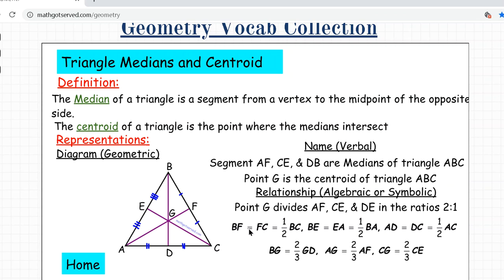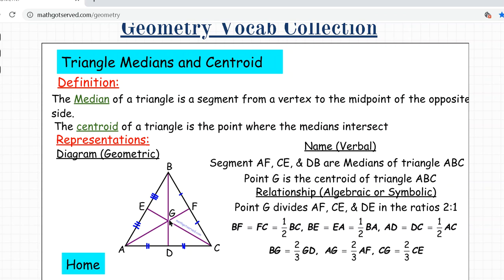So that's what we're going to be focusing on mainly in this presentation. And in the next part, we're going to be looking at the centroid. Centroid is an interesting property of a triangle that's generated with the 3 medians of a triangle. As noted here, the centroid is a point where the 3 medians intersect. An interesting thing about the centroid is that the medians bisect each other at a ratio of 2 to 1.